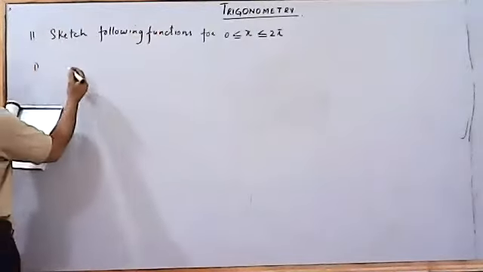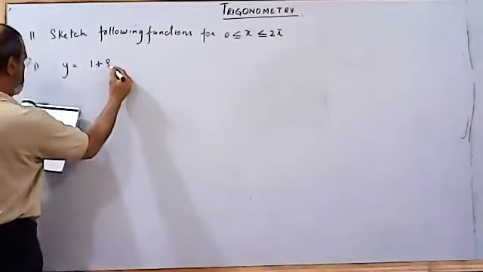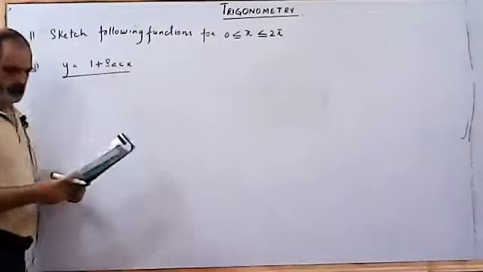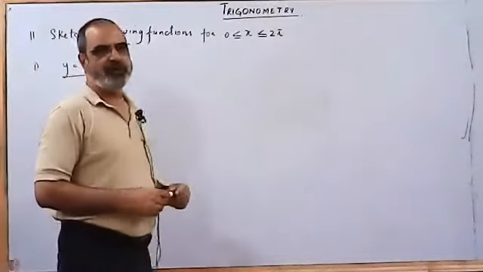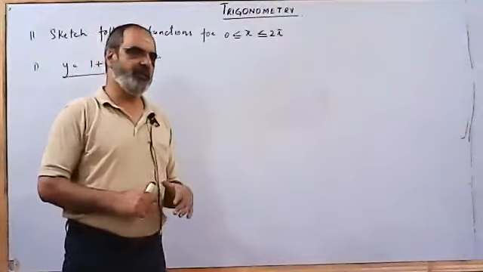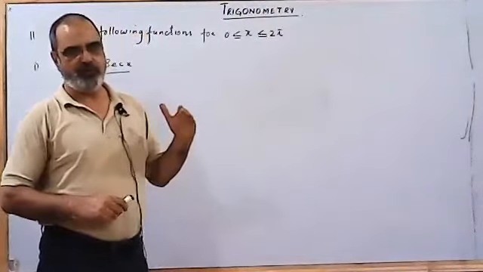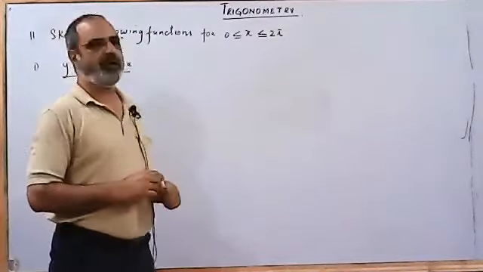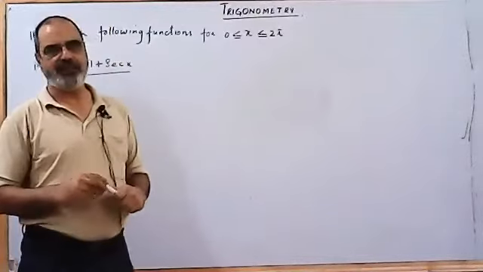The first part says y is equal to 1 plus secant x. Last time we discussed the shape of the graph of secant, and because it is the reciprocal of cos, we drew the graph for cos and then took its reciprocal.